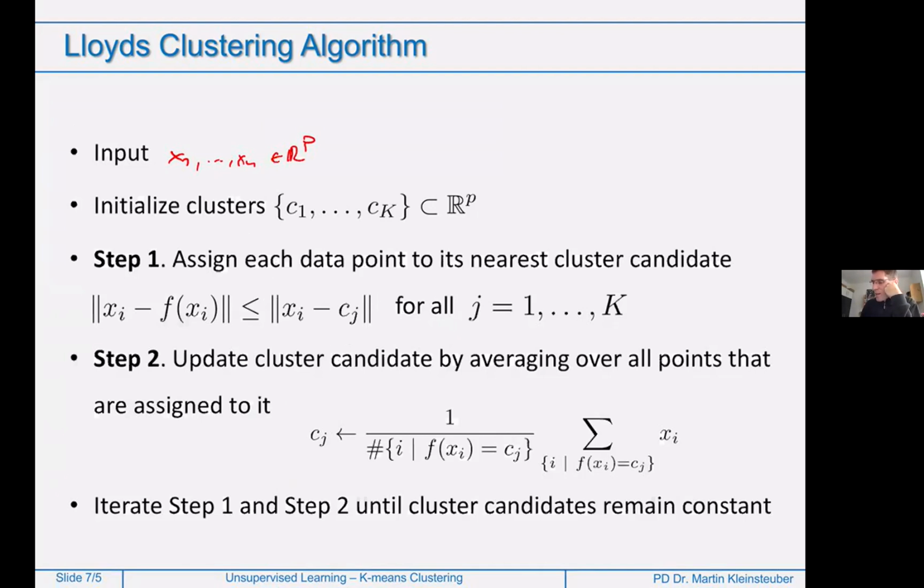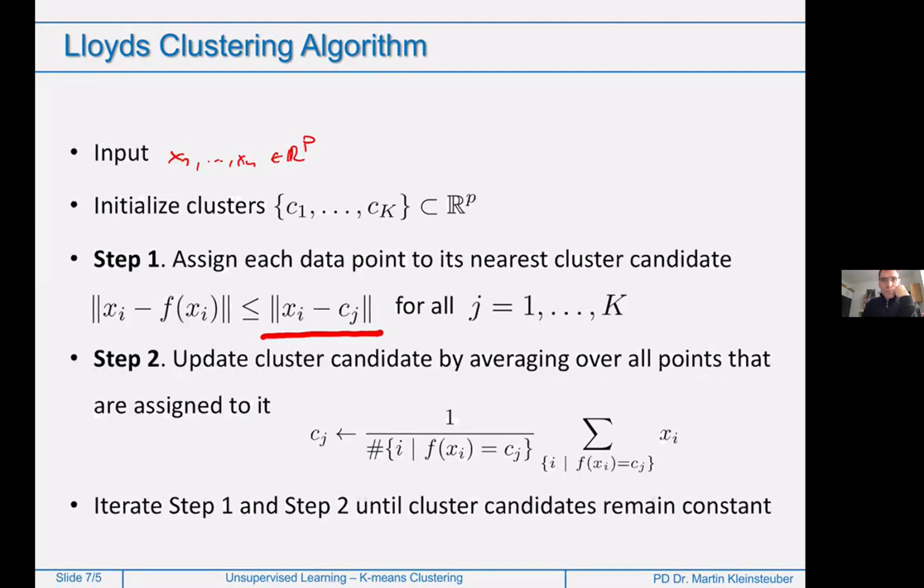First, we assign each data point to its nearest cluster candidate. We measure the distance somehow, here with the L2 norm, xi minus xj, and we assign the point to the cluster that is nearest among all 1 to k.